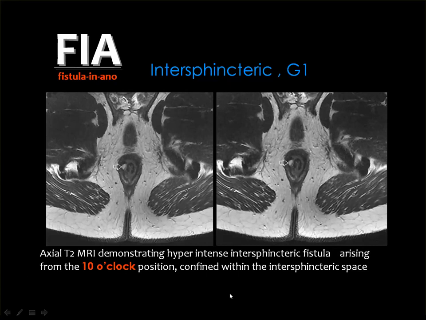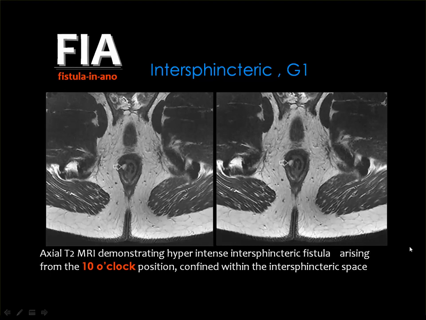Then actually, when you are going to interpret the MRI for fistulae, I would like to start first by the axial T2 weighted image. The value of the axial T2 weighted image is to see the internal opening of the fistula. Then you move the images until you get the external opening, which will be in a different section, of course.